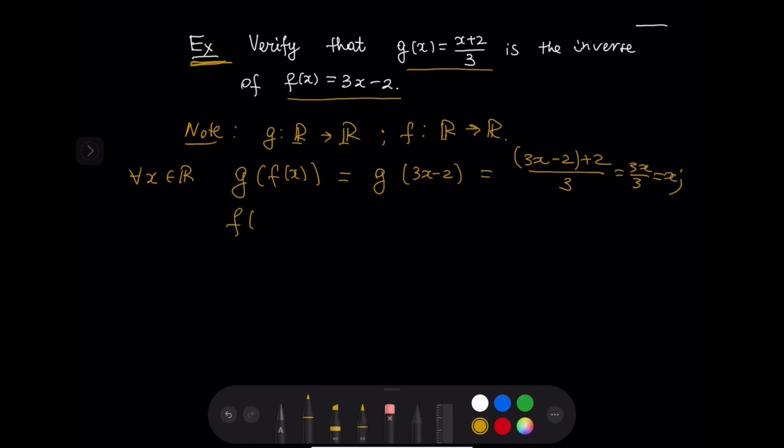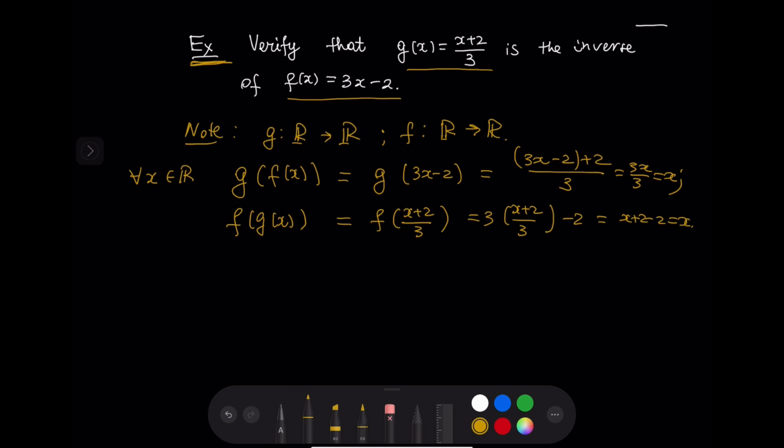And f of g of x is f of (x plus 2) over 3, which is 3 times (x plus 2) over 3 minus 2, which is x plus 2 minus 2, which is equal to x.